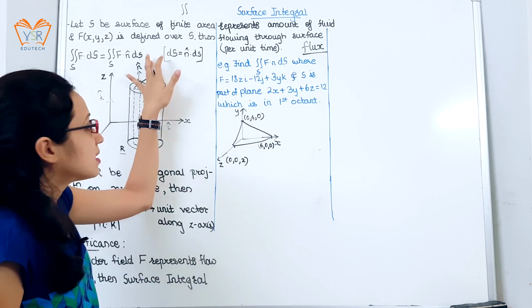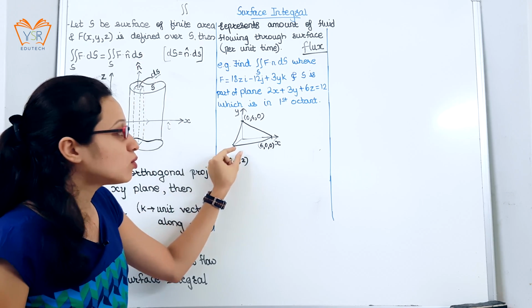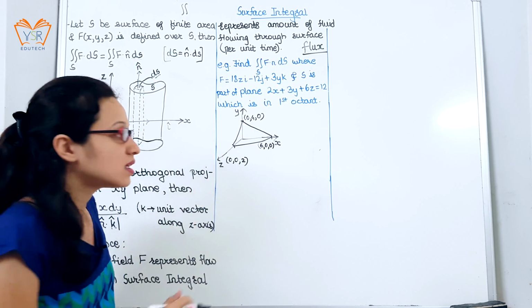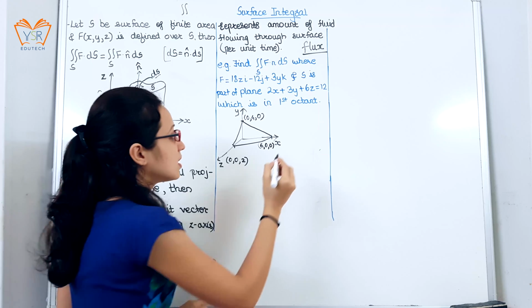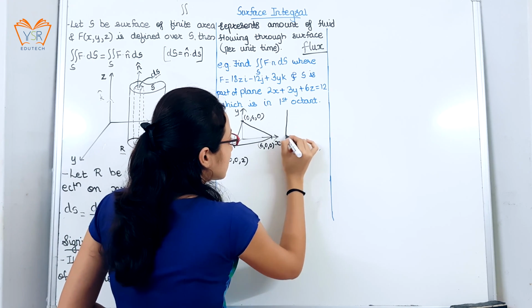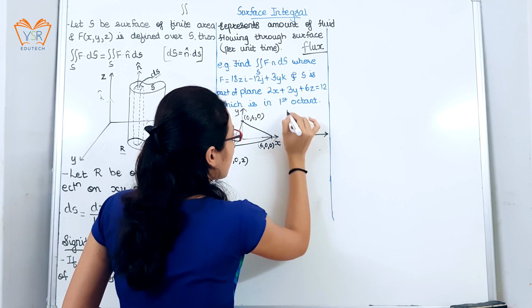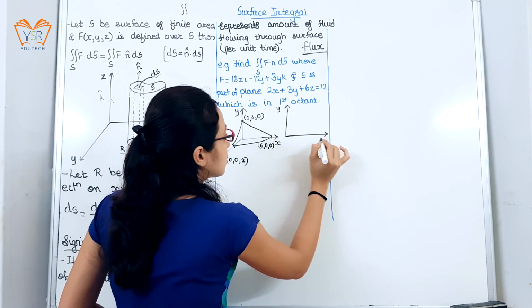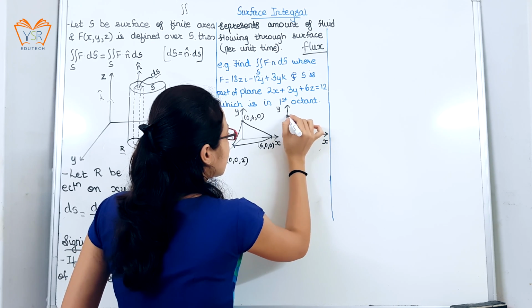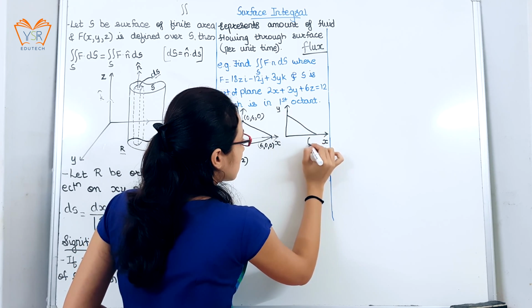As we had studied earlier, for the limits we need to project that plane in either of the planes. Again, we'll project it in the xy plane. So the representation becomes somewhat like this.